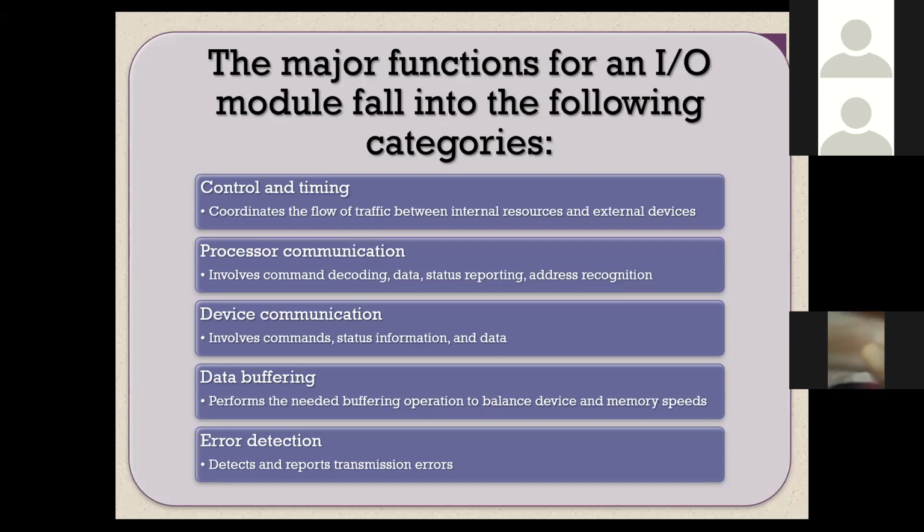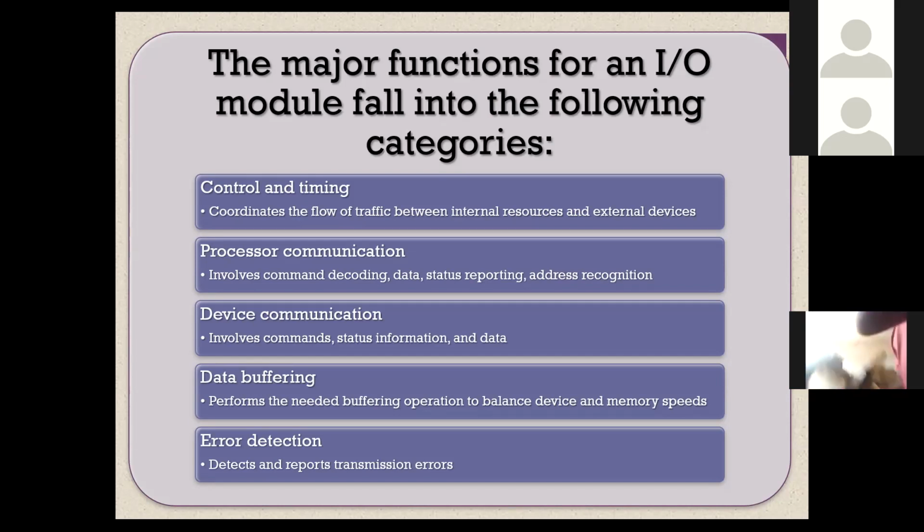The internal resources, such as the main memory and the system bus, must be shared among a number of activities, including the data I/O itself. Therefore, the I/O function includes a control and timing requirement, which is to coordinate the flow of traffic between the internal resources and the external devices.